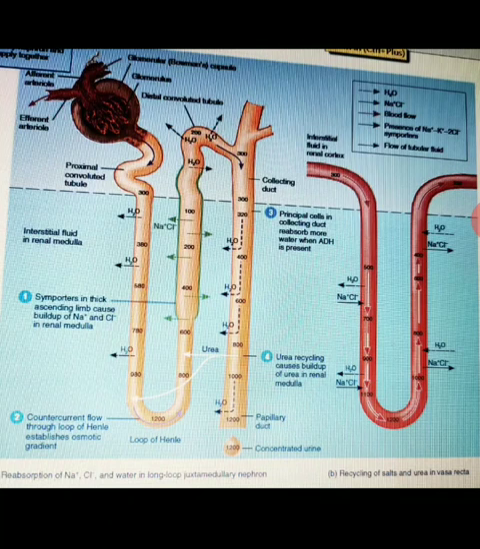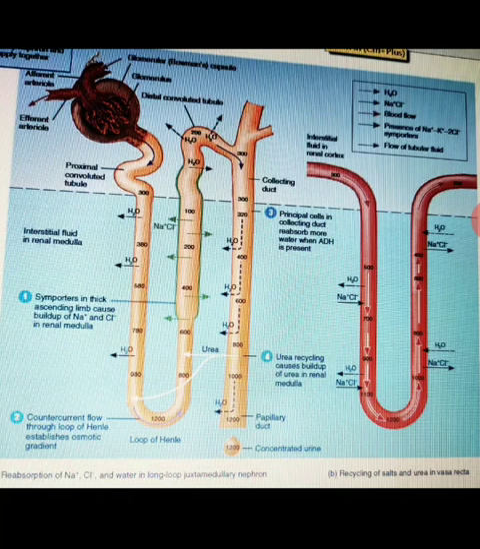As the fluid continues along the descending limb, its osmolarity increases even more. At the hairpin turn of the loop, at the very bottom of the loop of Henle, the osmolarity can be as high as 1200 milliosmoles per liter in juxtamedullary nephron.